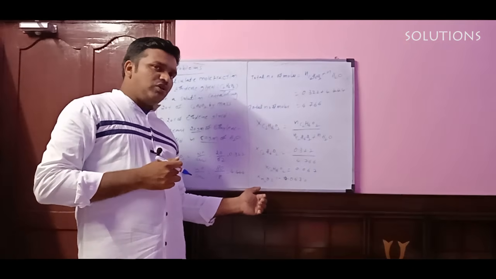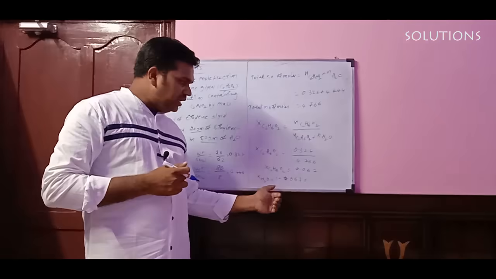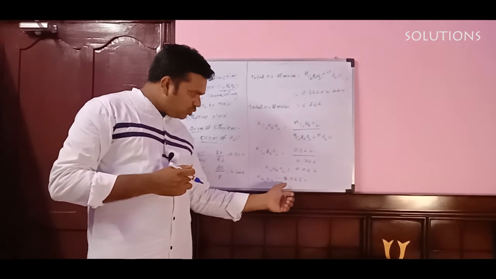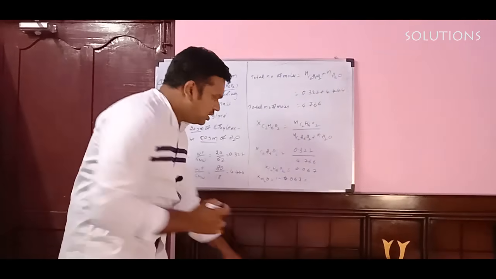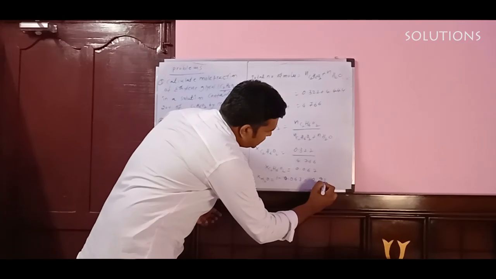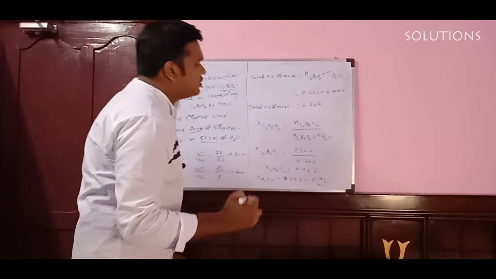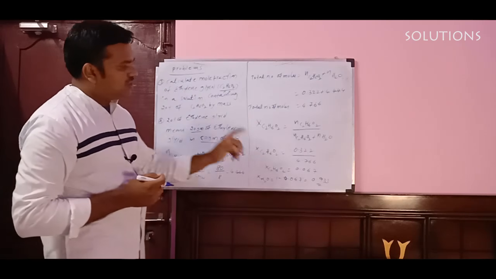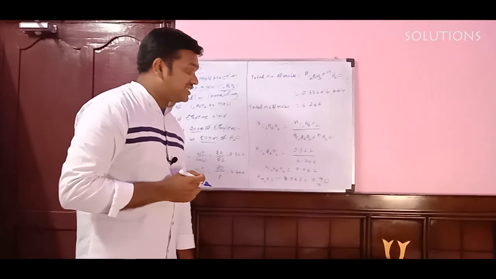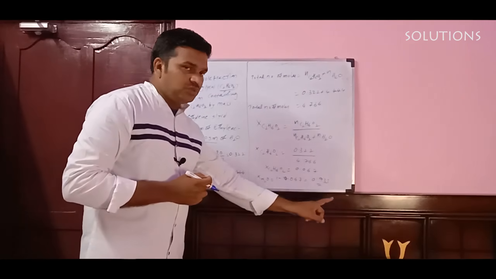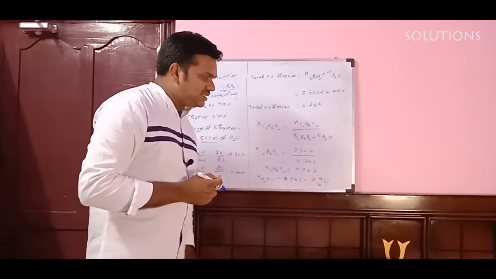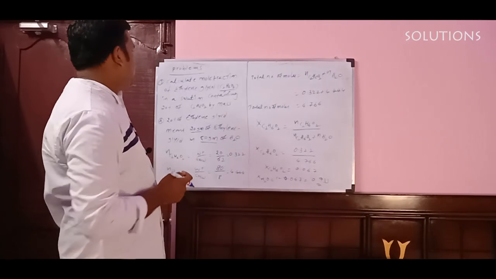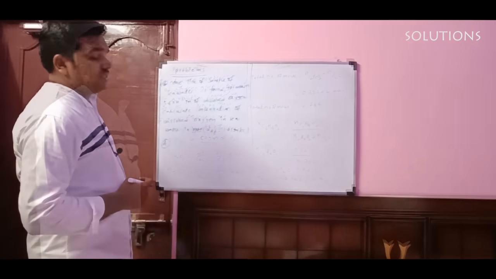So mole fraction of H2O is 1 minus mole fraction of ethylene glycol, 1 minus 0.067, and you will get 0.933. Mole fraction of ethylene glycol is 0.067, and mole fraction of H2O they did not ask, but you are finding, that is 0.933. So this is question number 3. So see the next question.